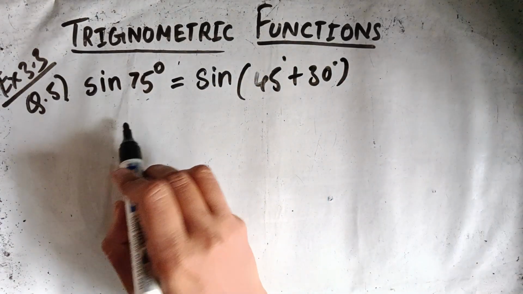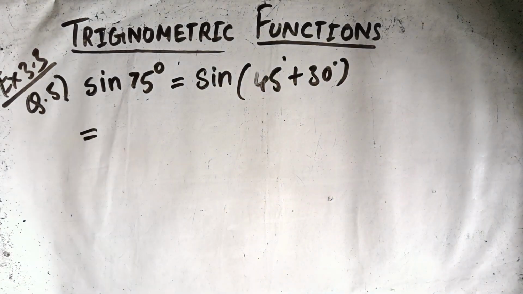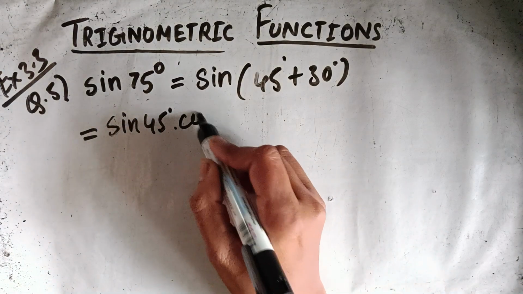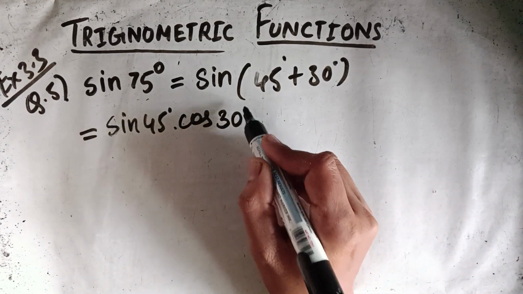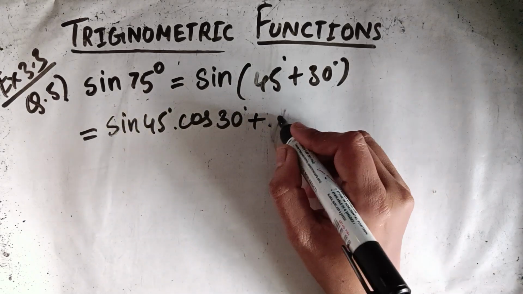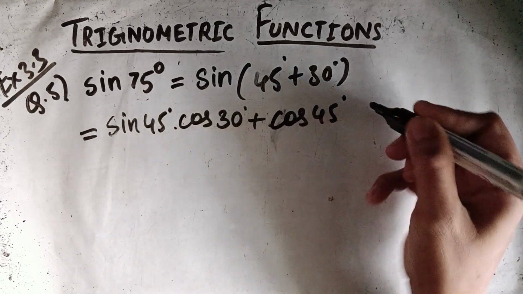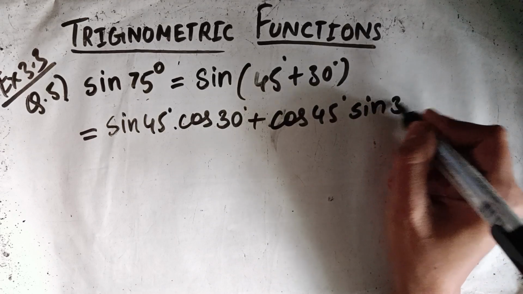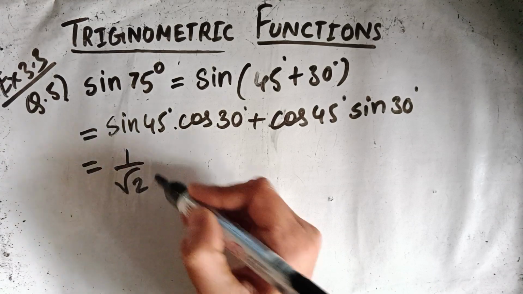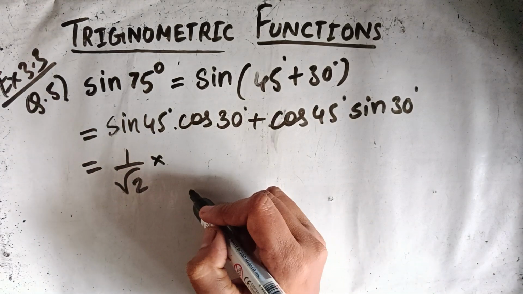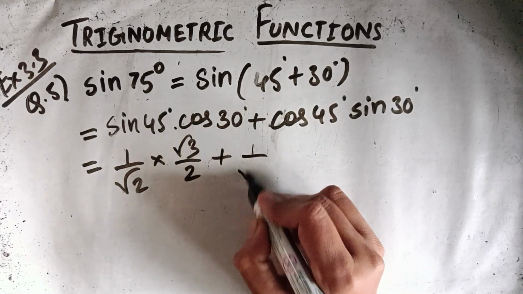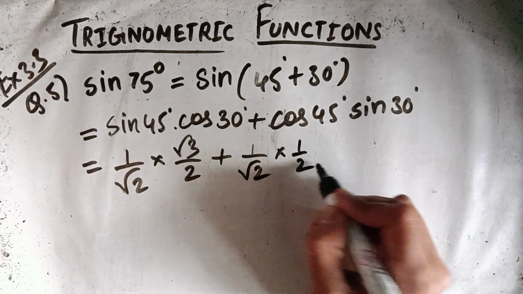So using sine A plus B, sine A into cos B, cos A into sine B. Sine 45 is 1 upon root 2, cos 30 is root 3 by 2, cos 45 is 1 upon root 2, sin 30 is half.